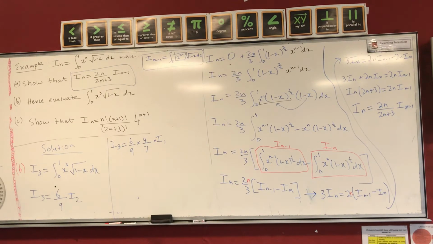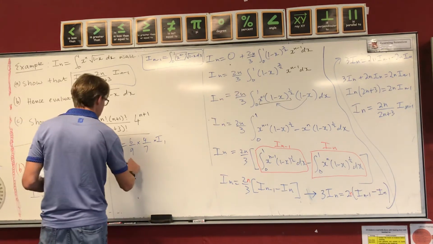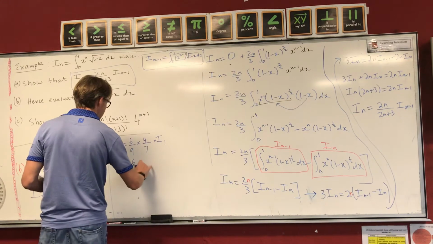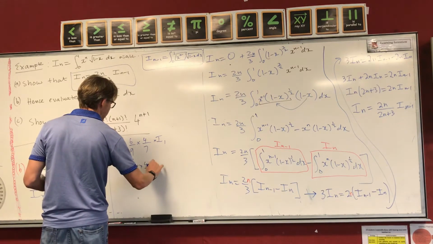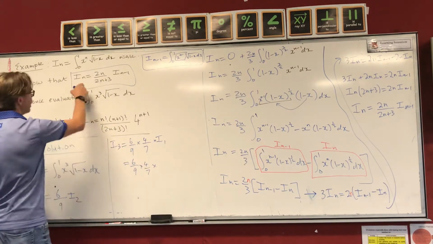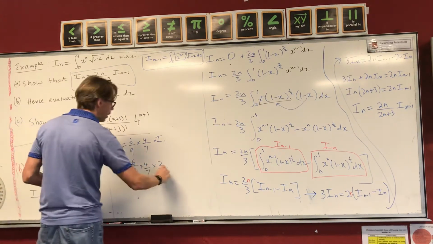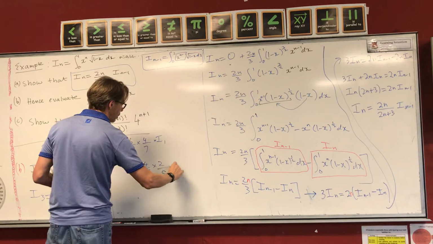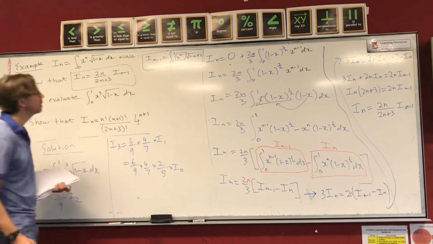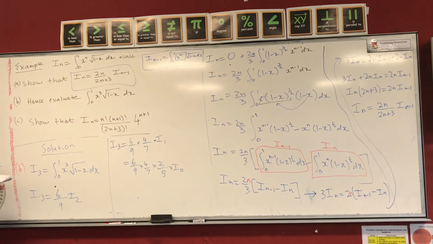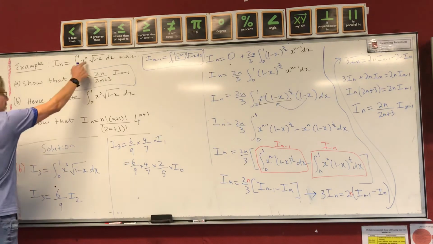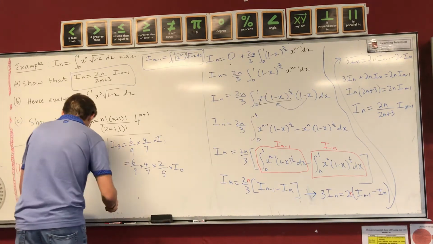Oh no, we can keep going. So 6 over 9 times 4 over 7 times, now what's I1? That's going to be 2 over 5 times I0. So what is I0? Well, let's work it out.